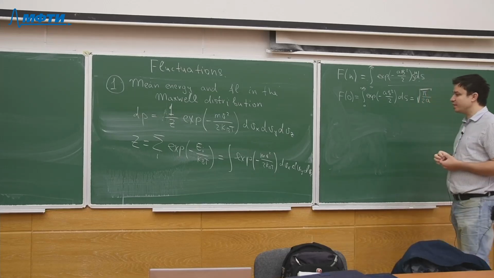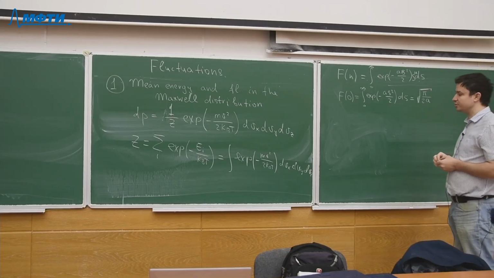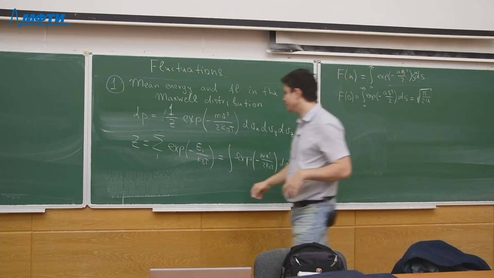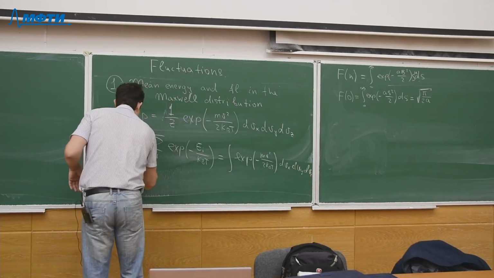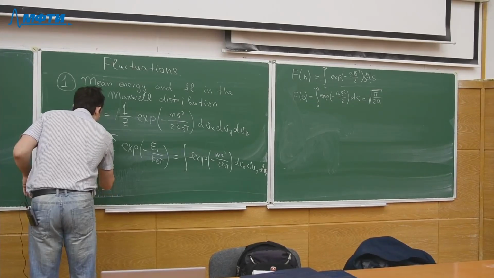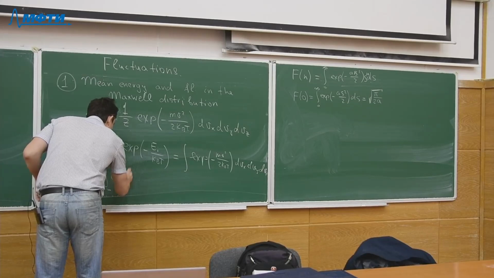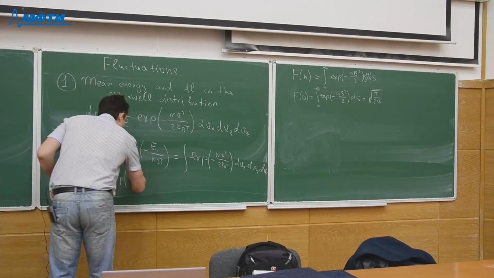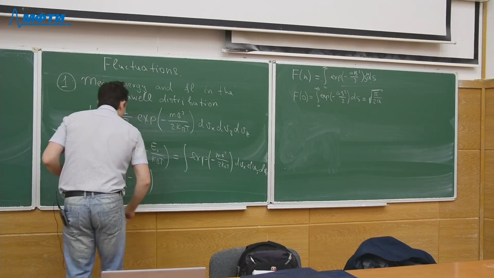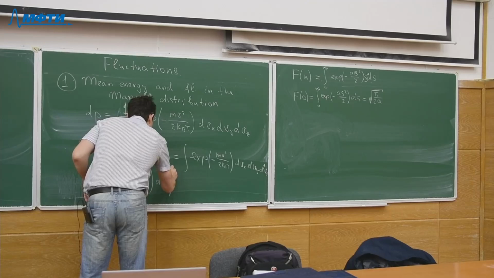So if we apply this to the integral for the partition function, we see that this is actually a triple integral, which can be decomposed as follows. This is a cube of the integral from minus infinity to plus infinity of exponent of minus mvx squared over 2 times dvx, to the third power.